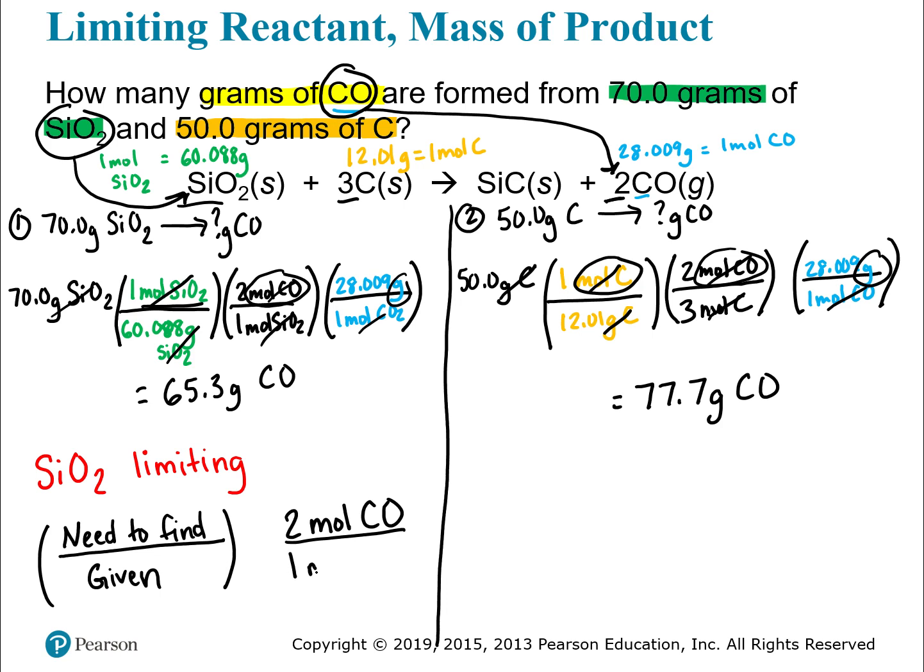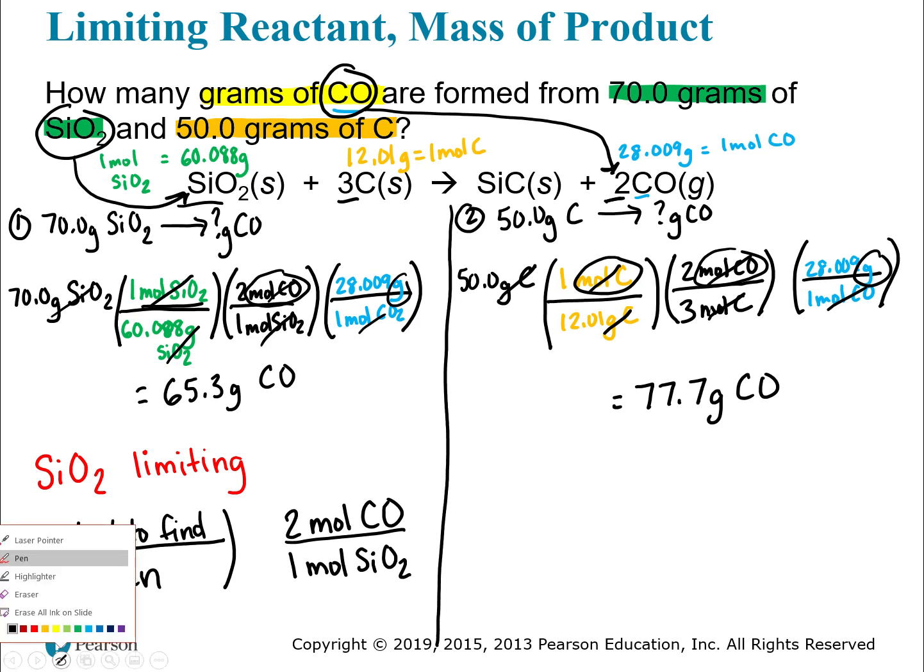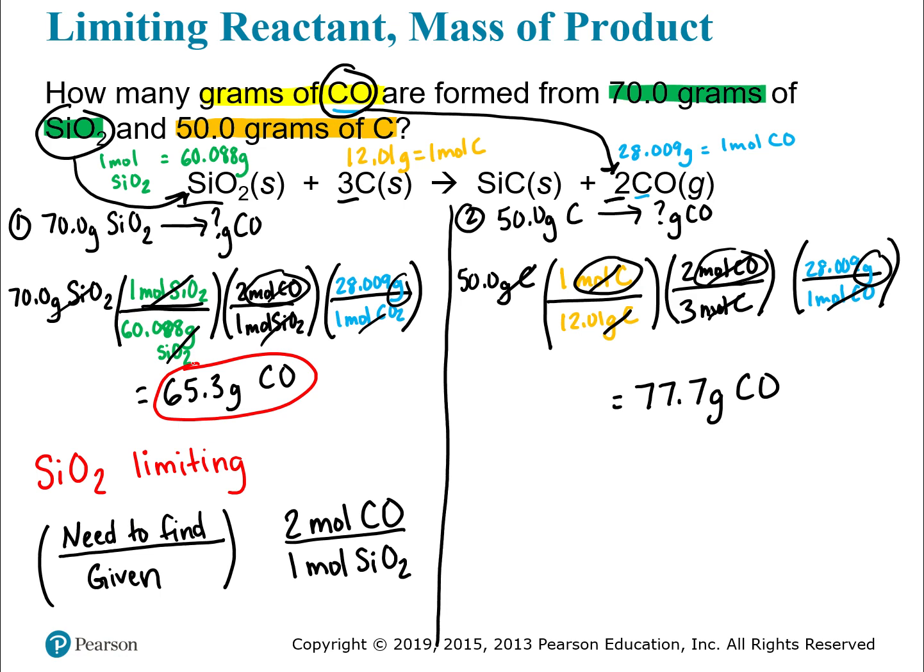When there's no coefficient in front, you assume 1 mole, and I fill that in at the bottom. So we figured out that silicon dioxide is limiting, and we're going to make 65.3 grams of carbon monoxide.